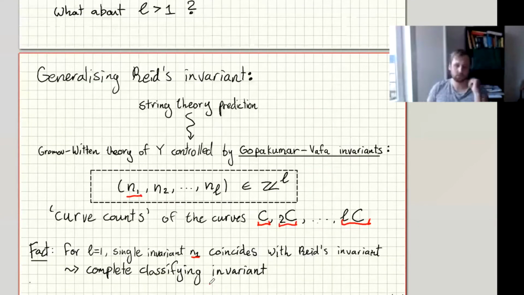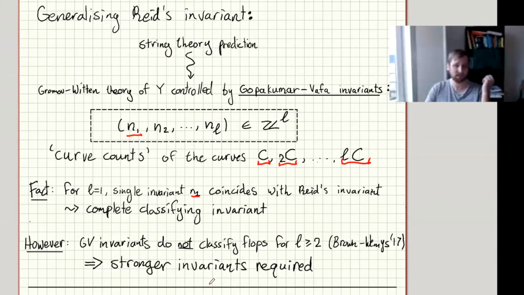Right. So you might ask, with these new invariants, can we completely classify flopping curves? And the answer is no. And it's a very recent answer by Brown and Wemyss.